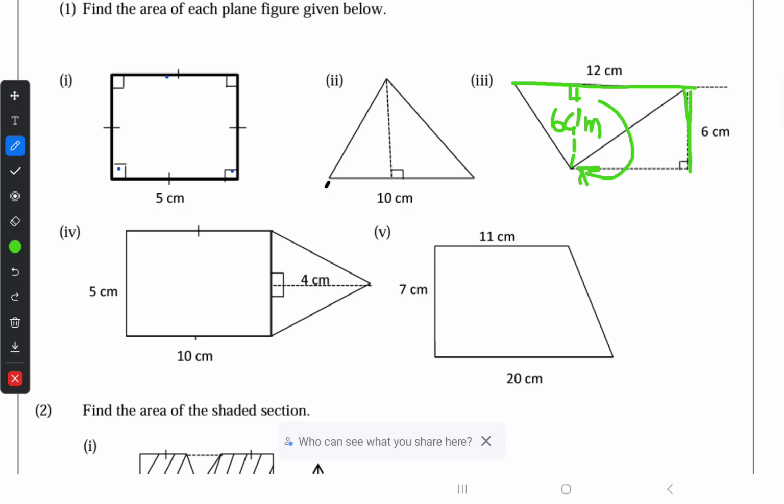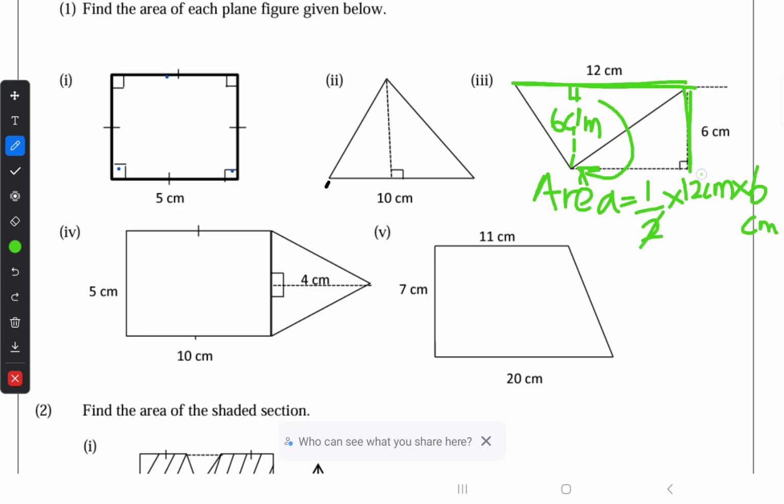So here we will find the area. Area equals half into base. Our base is 12 centimeters, multiplied with the perpendicular height. The perpendicular height is 6 centimeters. Then we will simplify as much as we can.